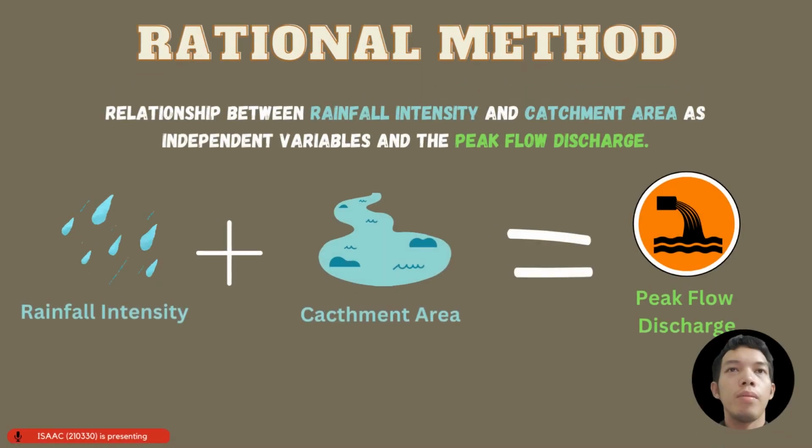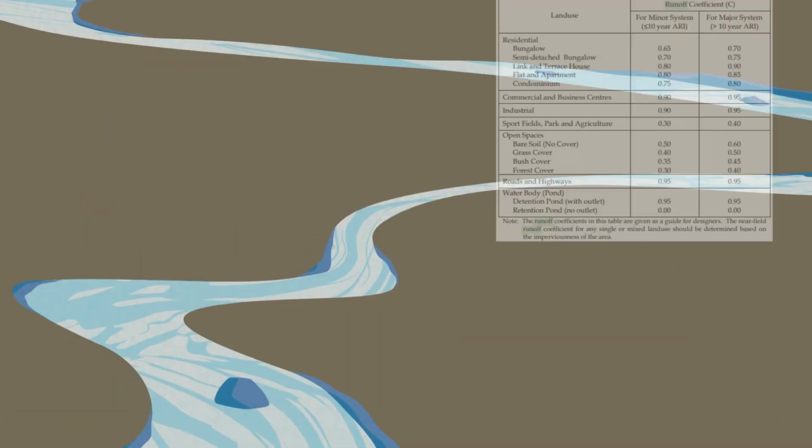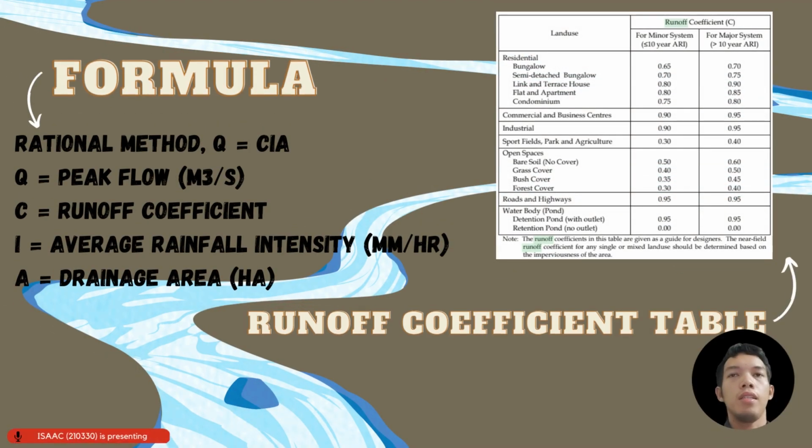Good day, doctor. My name is Sigar, metric number CF210330. I will explain the rational method. The rational method is a method to identify the peak flow discharge by recognizing the relationship between rainfall intensity and the catchment area. As you can see in this formula, to identify the rational method value, we first need to identify the runoff coefficient, the average rainfall intensity, and the drainage area.